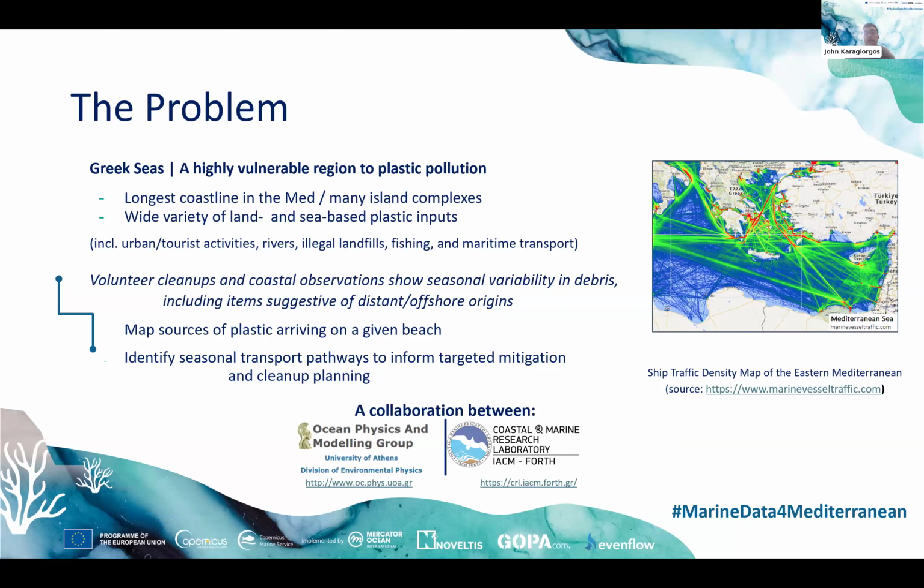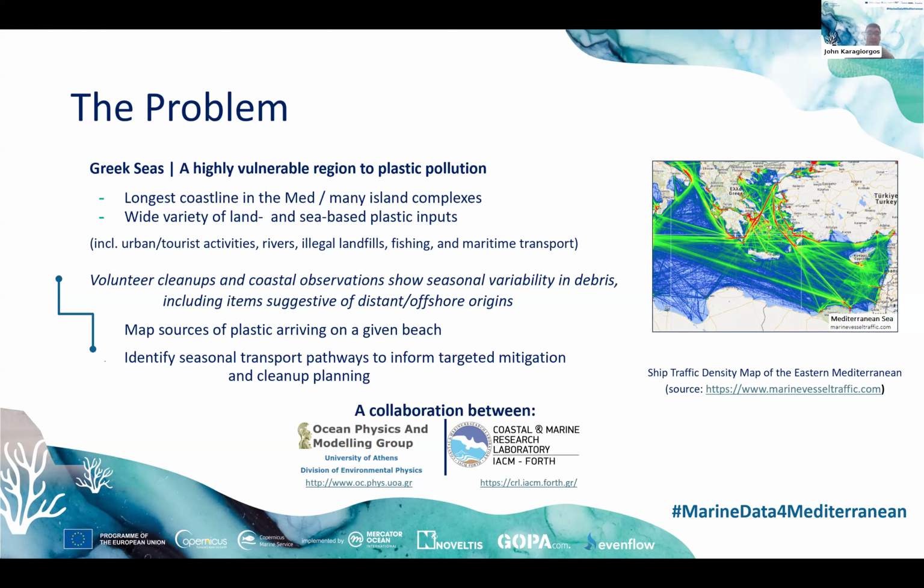As an example, the map at right shows the ship traffic density across the eastern Mediterranean. As you can see, there is a strong pressure from maritime activities in the Aegean and their potential contribution to marine debris. Along the coast, many volunteer projects and local communities often report seasonal peaks in plastic accumulation, and many of these items clearly originate from distant islands and offshore areas.